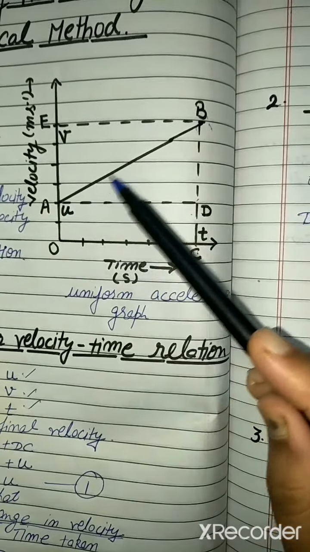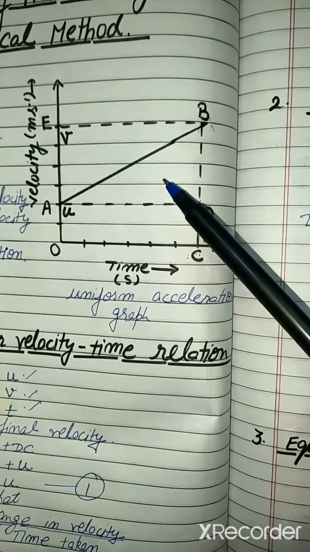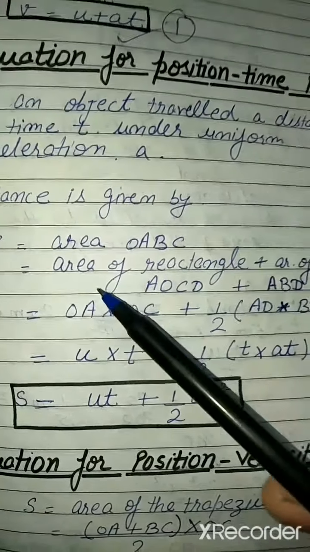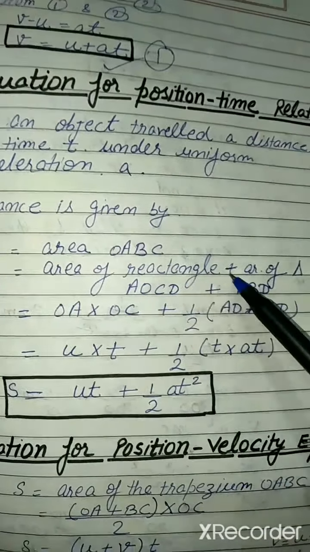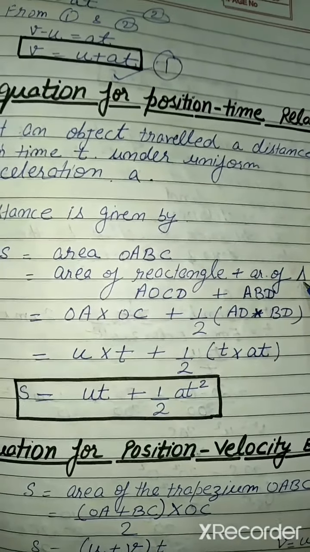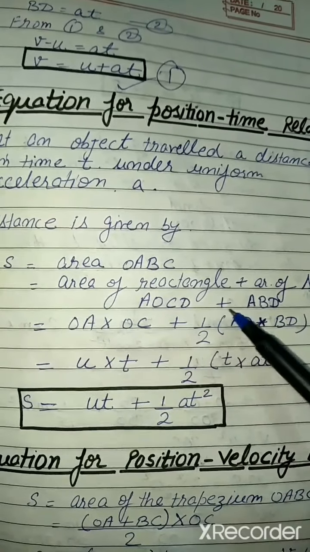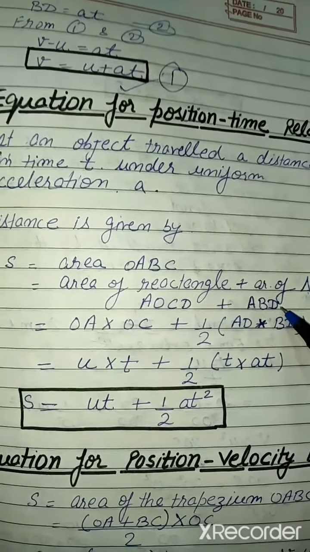And we can divide it into a triangle and a rectangle. So area of OABC is equal to area of rectangle plus area of triangle, right? And rectangle is AODC and triangle is ABD.